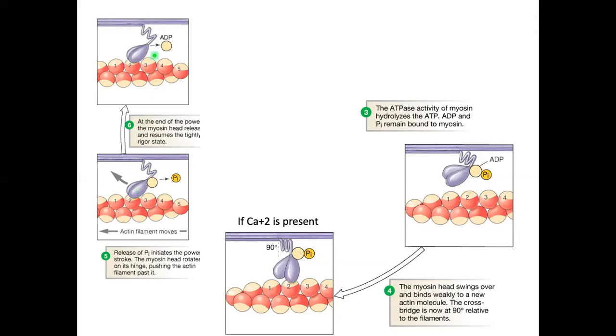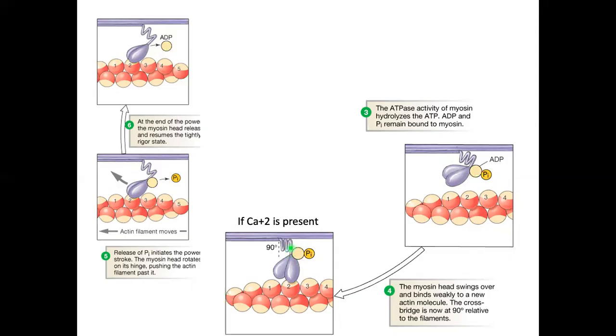And then at the end, the ADP leaves. Okay, and then we're stuck with the myosin bound to actin. How do we get the myosin to be released from actin? Good, another ATP has to bind. Then ATP splits. So we're at number 3. ATP splits into ADP and phosphate and activates the head. Number 4.